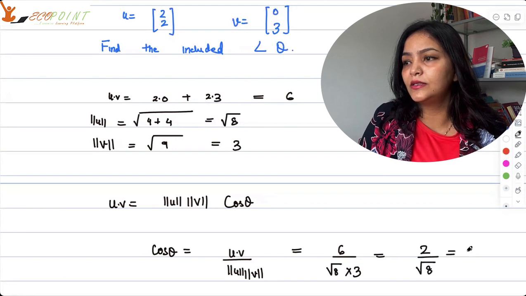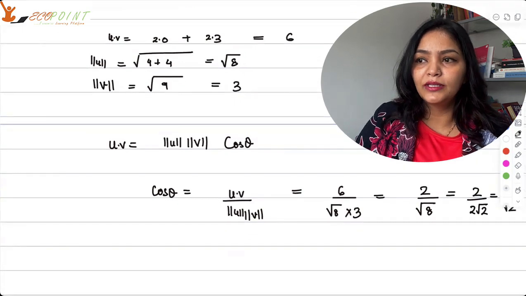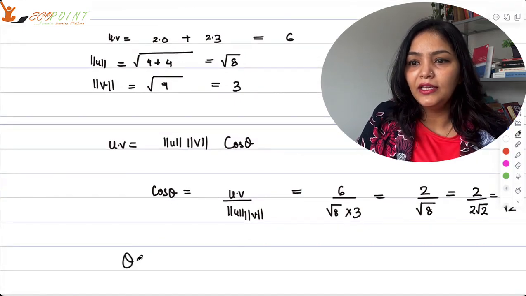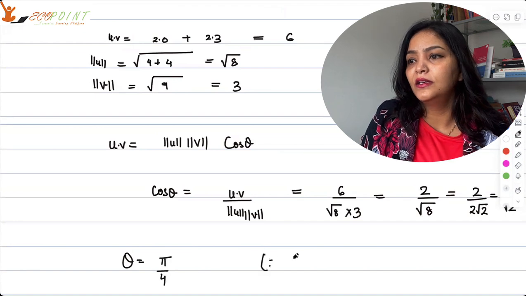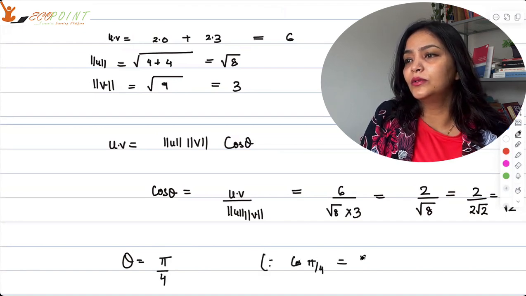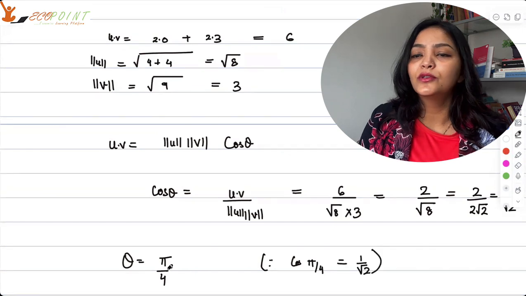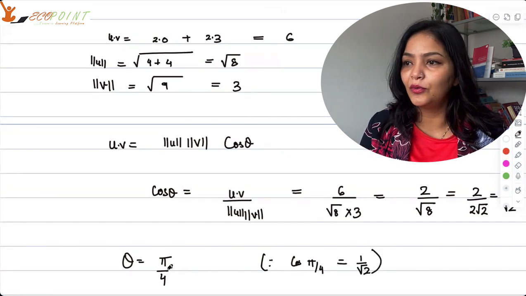Root 8 is root of 4 into 2, so 2 upon 2 root 2, that is 1 upon root 2. With 1 upon root 2, can you guess what theta will be? Theta is pi by 4, because cos pi by 4 is equal to 1 upon root 2. So theta has to be pi by 4, okay?